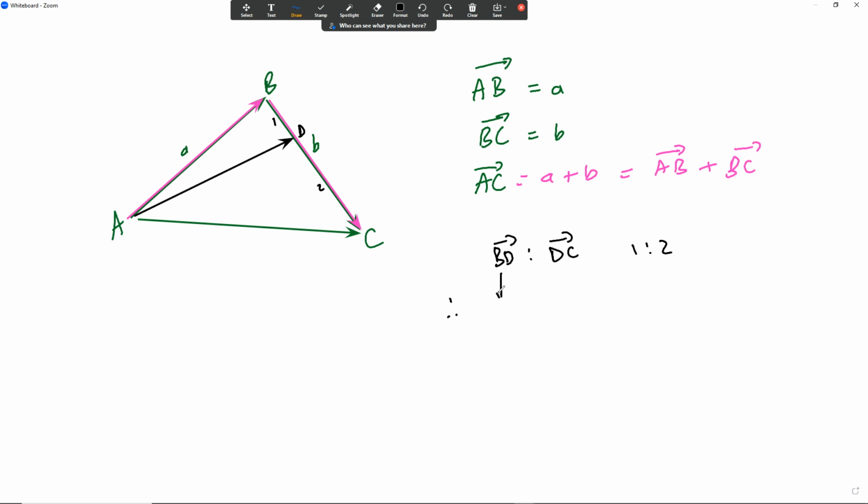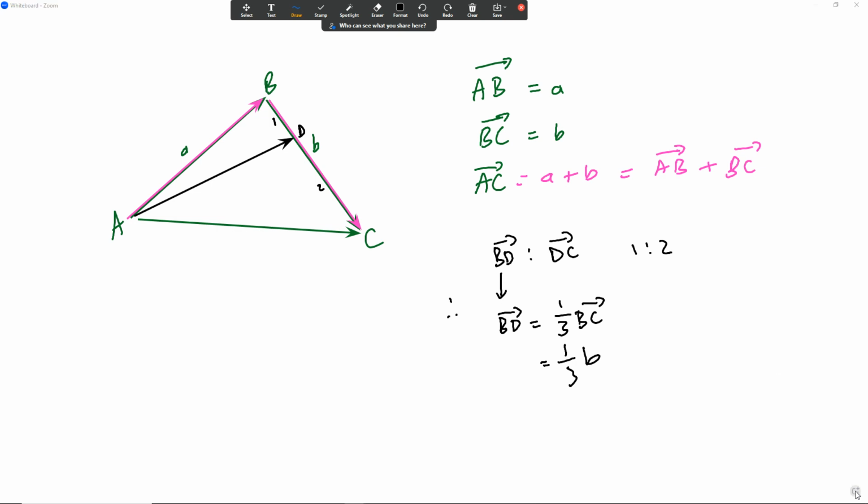Now I can actually say vector BD is equal to 1/3. This part is 1/3 of the whole thing, 1/3 of BC. But what is BC? BC is vector B. It's going to be 1/3 of B.